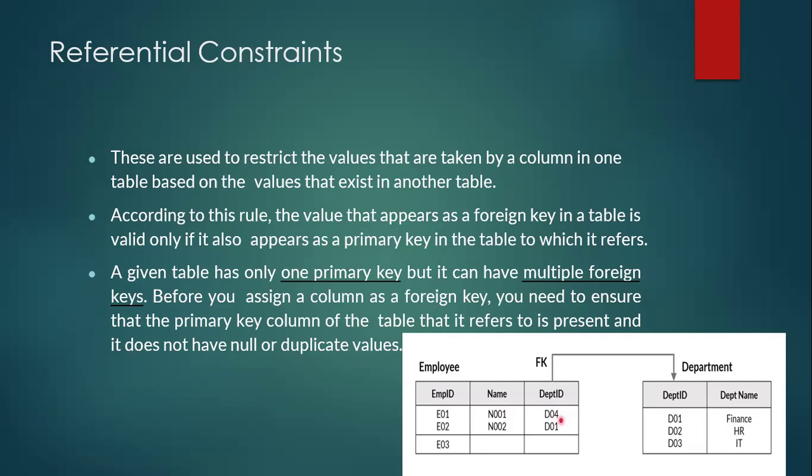This department ID column is also present in the employee table, but here it is not the primary key, because we already defined it as the primary key in the department table. Here in the employee table, department ID is the foreign key column. On the basis of these two columns, we are creating the relationship between these two tables using the foreign key and primary key.